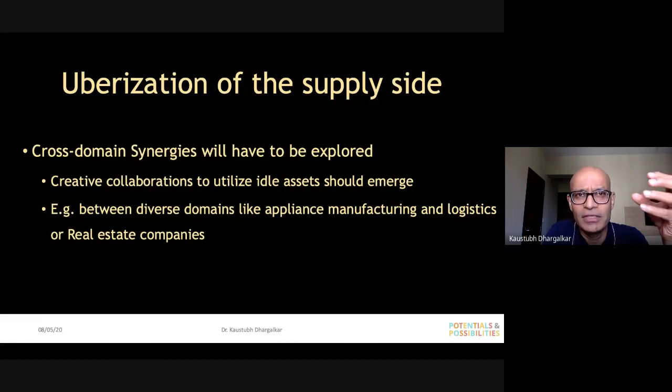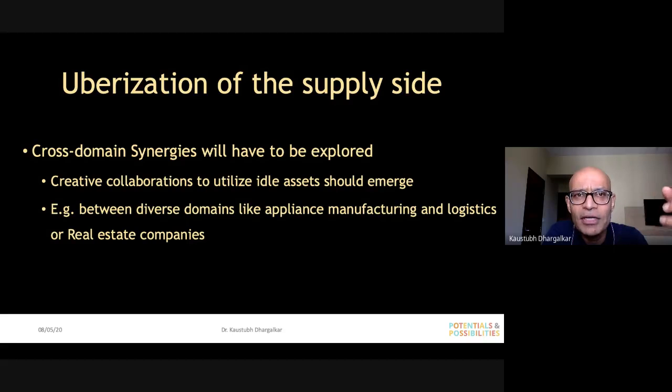Now, in this similar case of this appliance manufacturer, maybe a real estate company can actually convert its existing properties, not residential properties I'm saying, but some properties which are outside the city, etc., lying idle. Maybe they had planned it for some commercial activities.